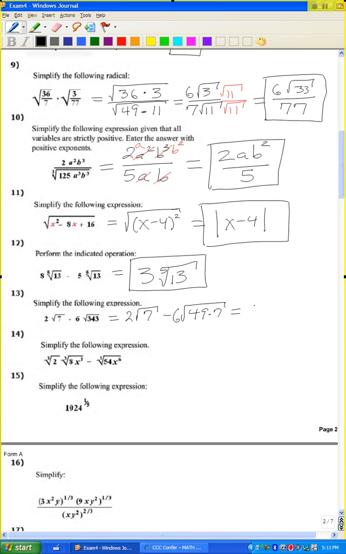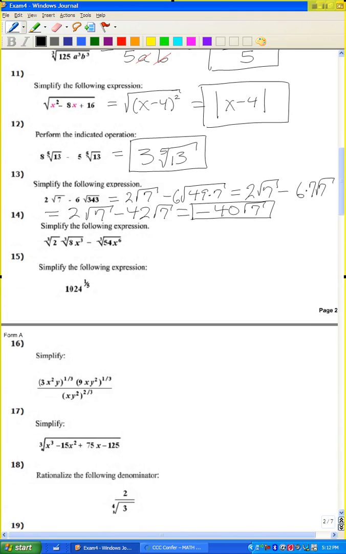And the square root of 49 is just 7. And so this is just equal to 2 radical 7 minus 6 times 7, which is 42. So 2 minus 42 is a negative 40 radical 7.